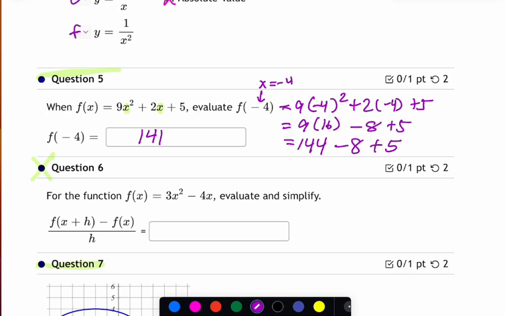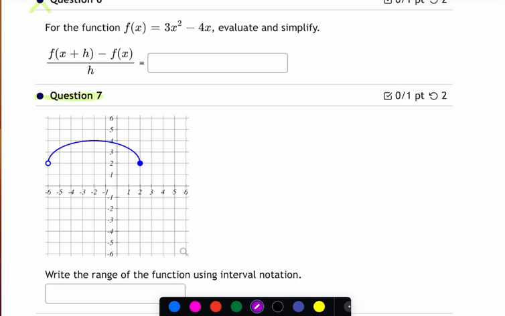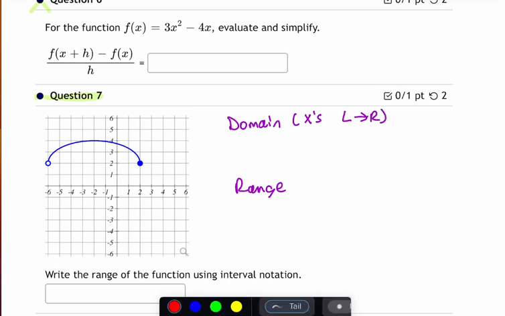Okay, skip question 6. Let's move on to question 7. Now it says, what is the range? We are going to do domain and range. Remember, domain are the set of x's, and think about going from left to right. So the leftmost x value I can almost get to is -6.